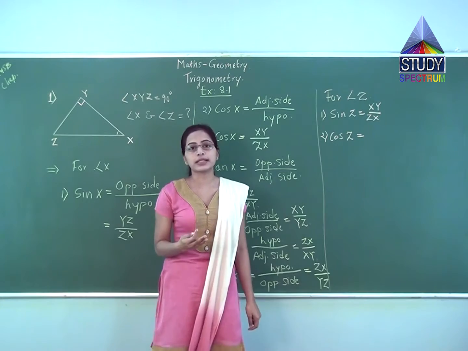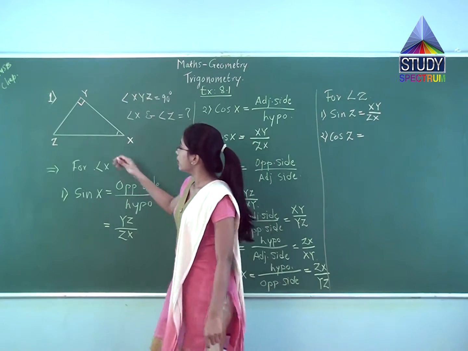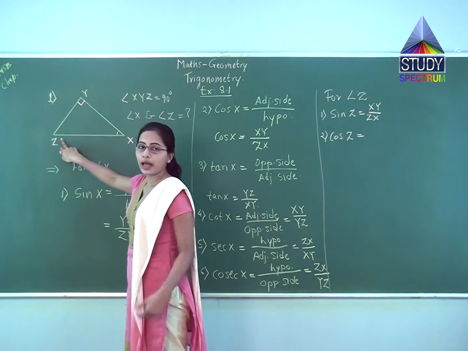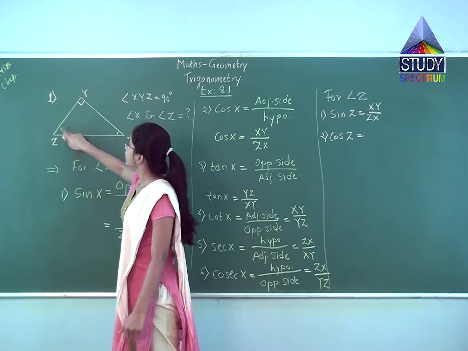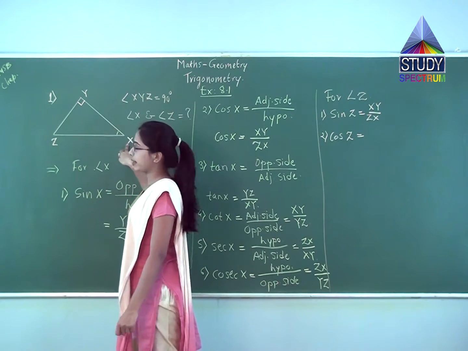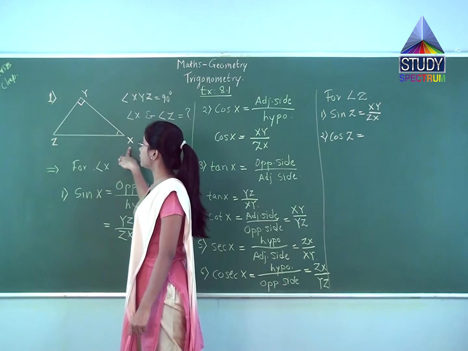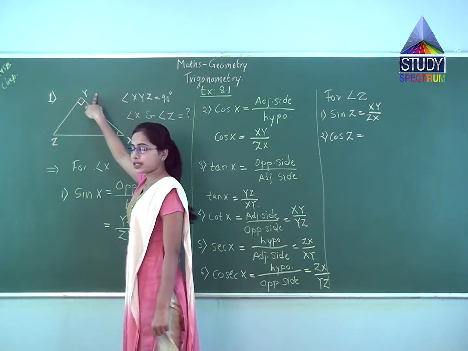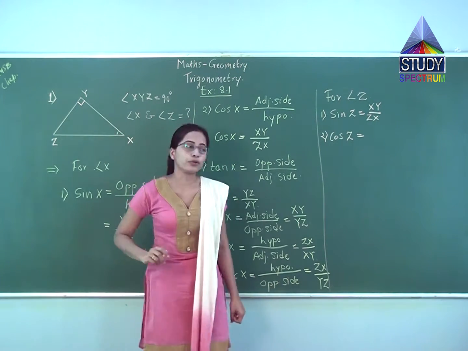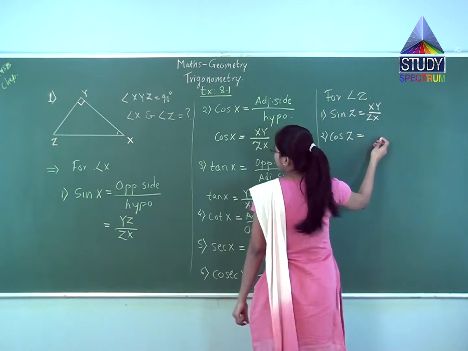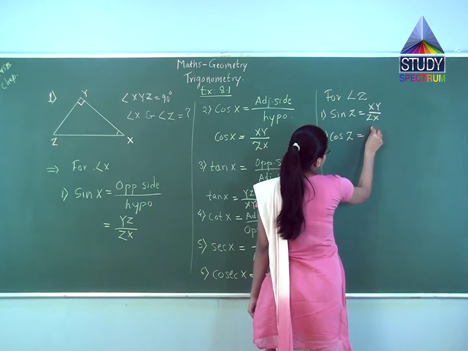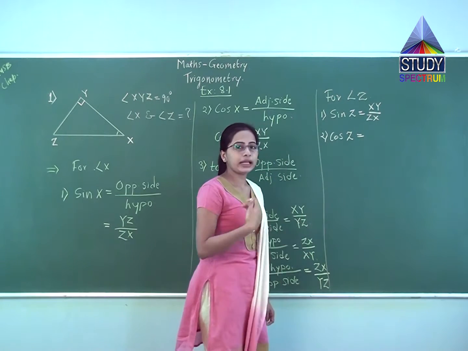Second ratio, cos Z. The formula is adjacent side upon hypotenuse. Now for angle Z, again we have two adjacent sides, ZY and ZX, but ZX is the hypotenuse, so ZY is my adjacent side and ZX is my hypotenuse. Here we can write ZY or YZ also.